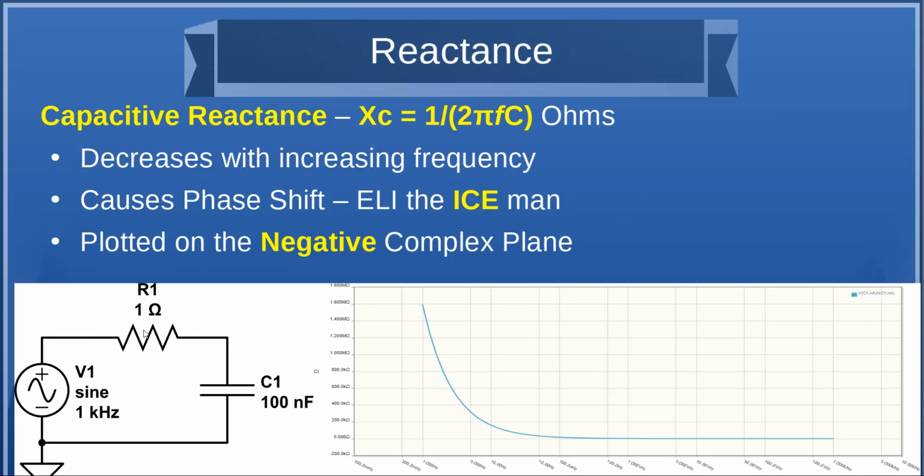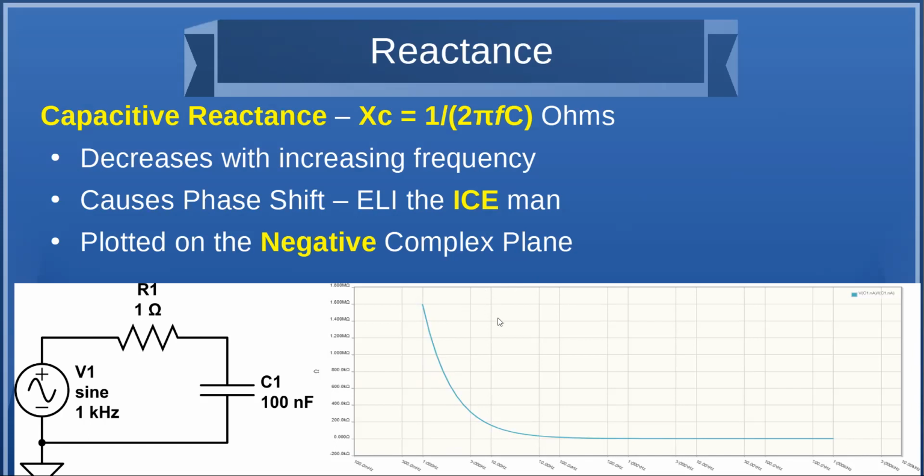And here I did a simple resistor capacitor circuit, put a sine wave on it, and varied the frequency. It goes from 1 hertz up to, I don't know, that was blocked, but fairly high frequency.